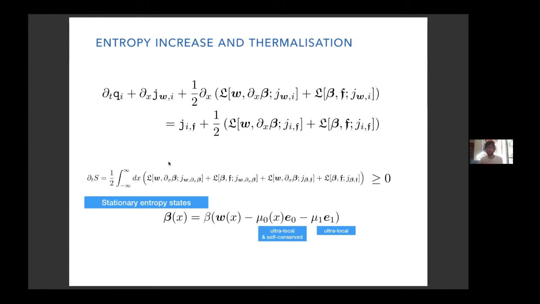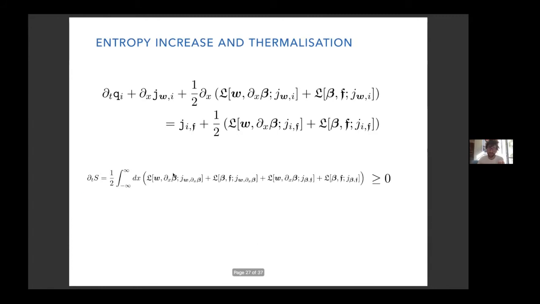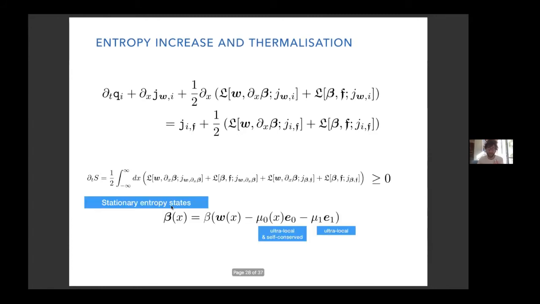Here, we can also check that basically the only stationary states of this hydrodynamic equation are thermal states. Thermal states means that there is some effective temperature associated to our fields. Of course, we are thermal locally because we have a Hamiltonian which depends on space. It means that our temperature depends on space, but only with the global temperature coefficient.